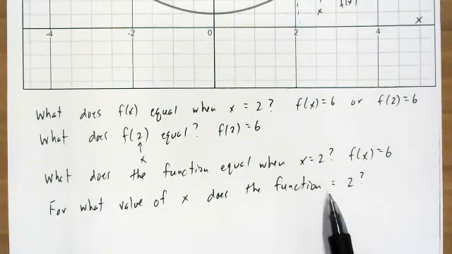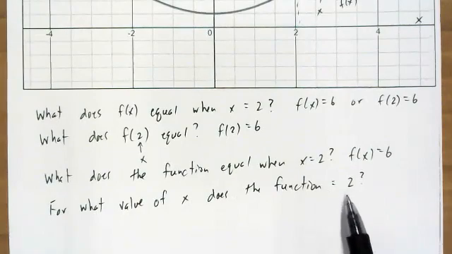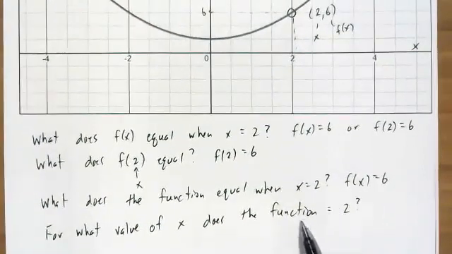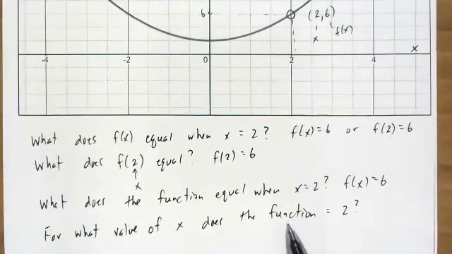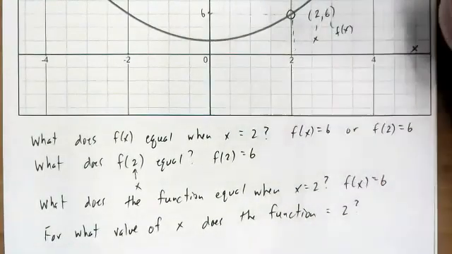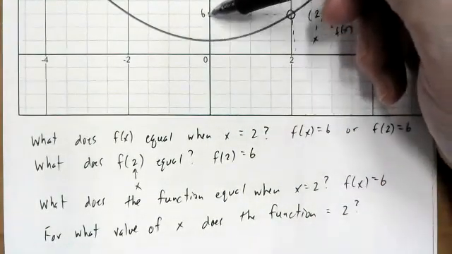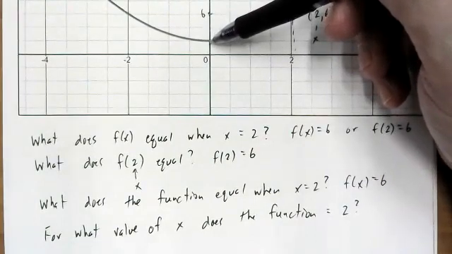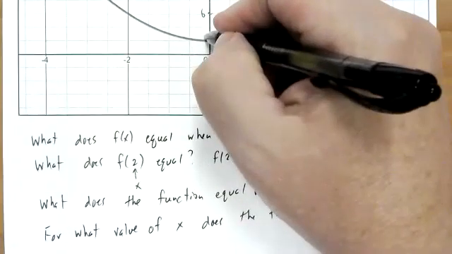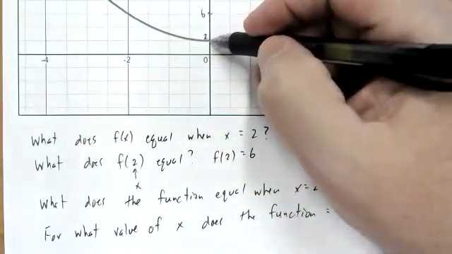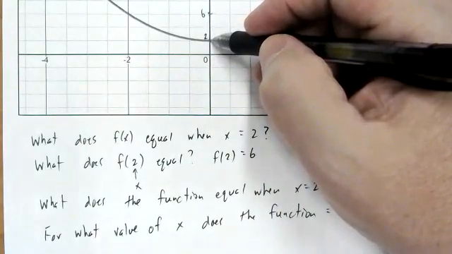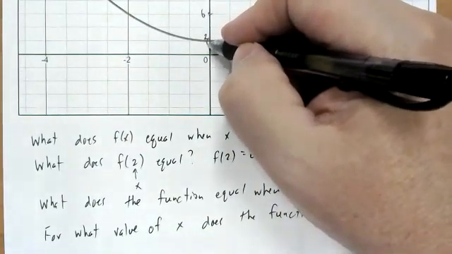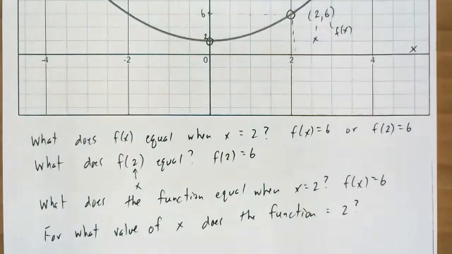How do I find this point on my graph? Well, now I go on the vertical axis and I find the place where the function equals 2. So 2, 4, 6, the function is 2 is right here. Turns out when I move up to 2 here, I'm actually right on top of the graph. So in a sense, this is the point I'm looking at.